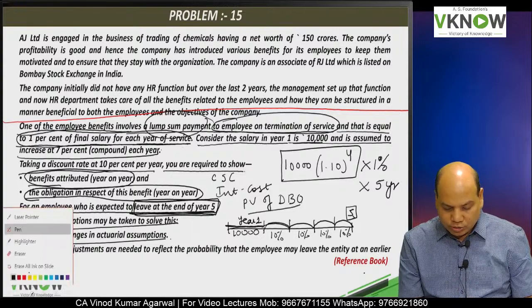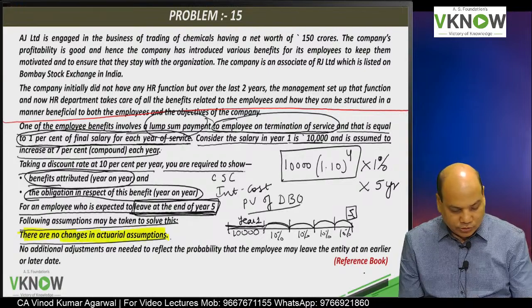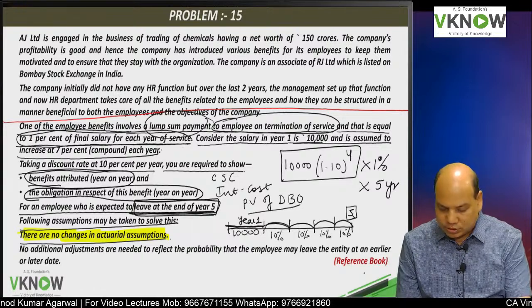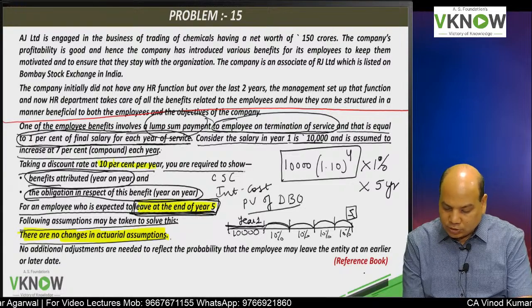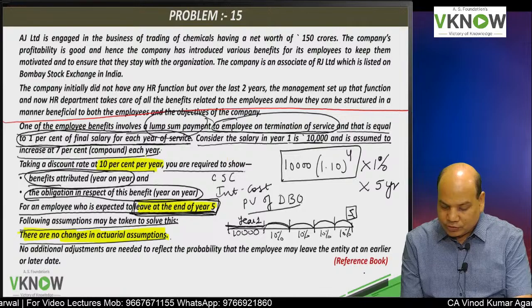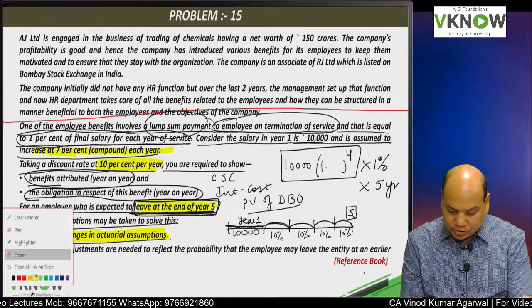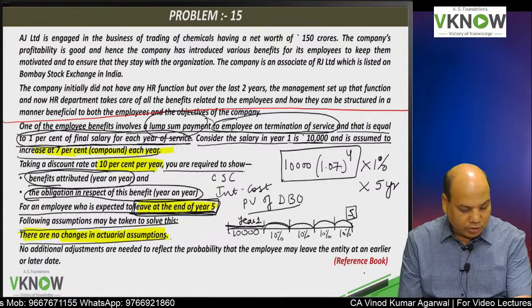So in all your questions at intermediate level, we are going to keep actuarial assumption constant, which means the employee will retire after 5 years, discount rate will remain 10%, salary growth will be 7%. I have written 10 by mistake, it should be salary growth is 7%.